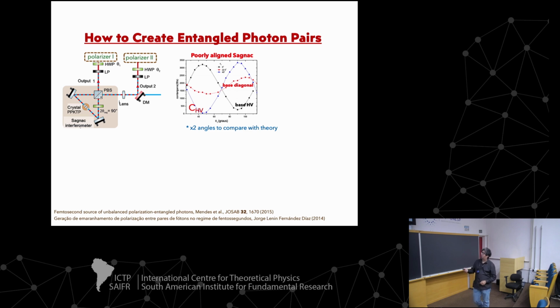So you put one polarizer at some angle, and the other polarizer you just scan. And you see, if you don't align the Sagnac well, if you have the H and V basis, this is just the trivial result.